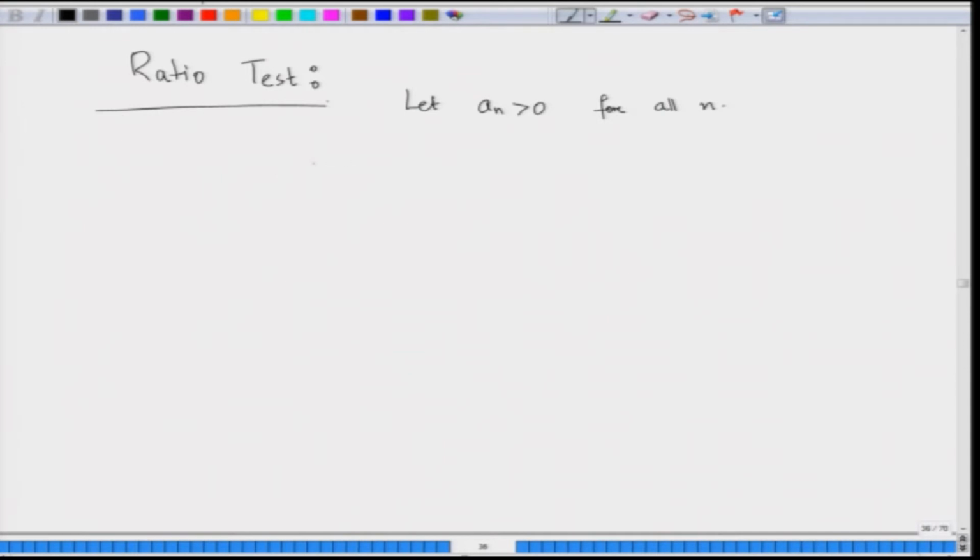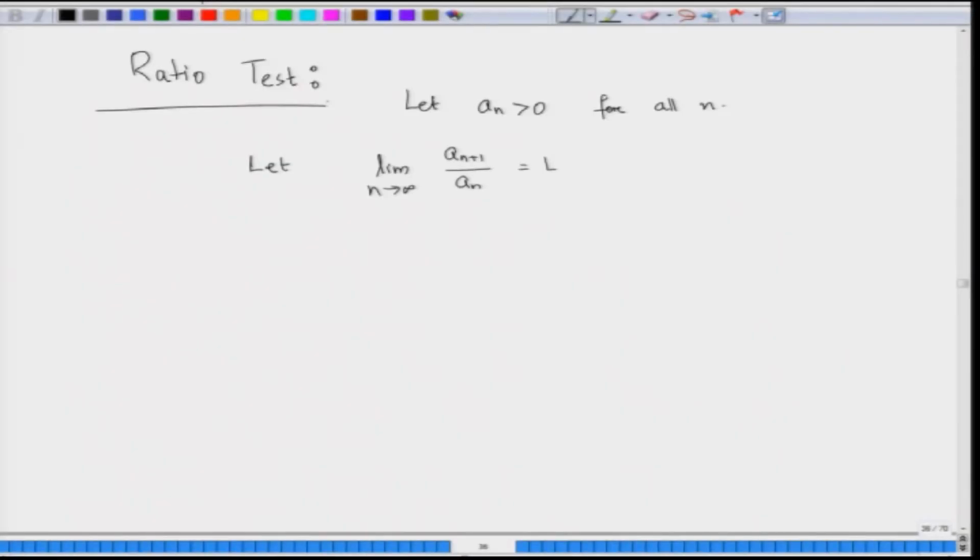And let the limit as n goes to infinity of a n plus 1 over a n be equal to L. This limit, the limit of the ratio of two consecutive terms a n plus 1 by a n, exists and is equal to L.